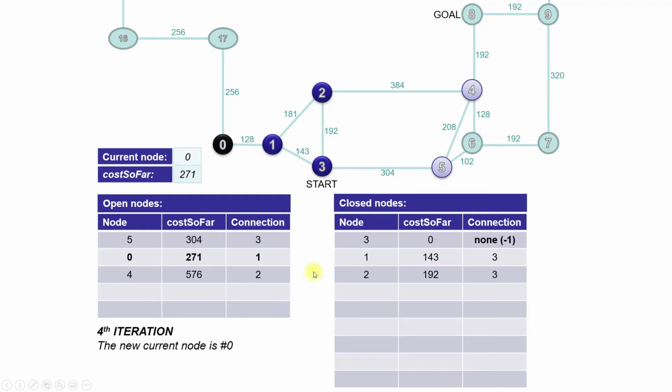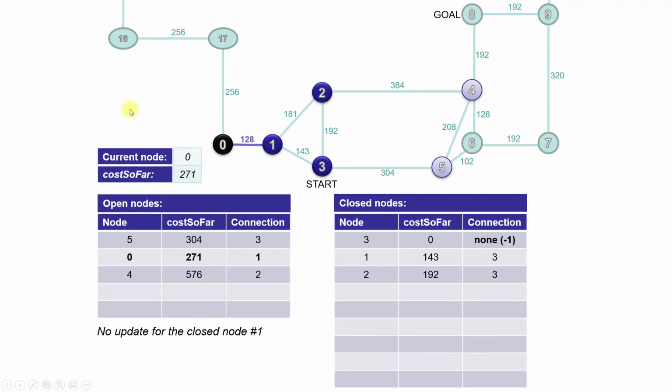We are now ready to start iteration number 4. The new current node is number 0, with the cost so far 271, so we are now here. The first adjacent node is node number 1, but this one is a closed node, so no update.